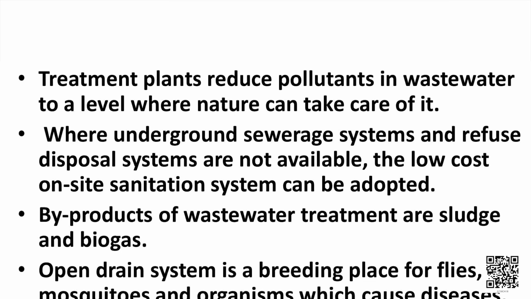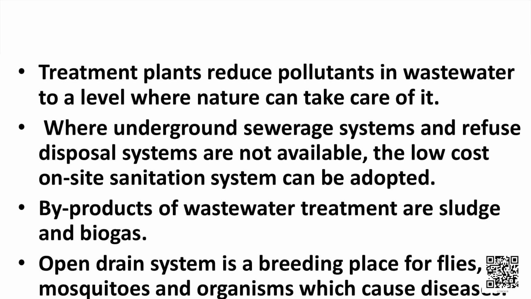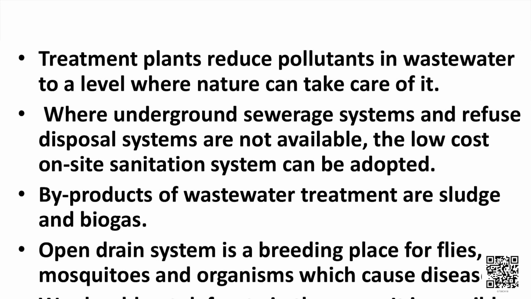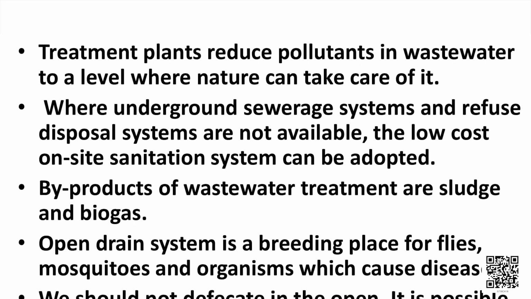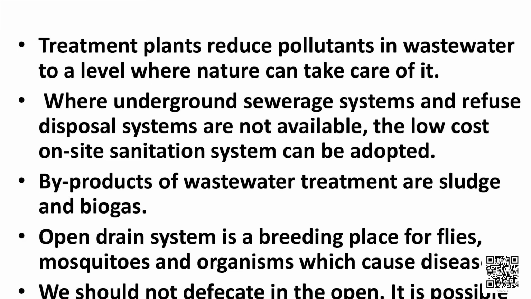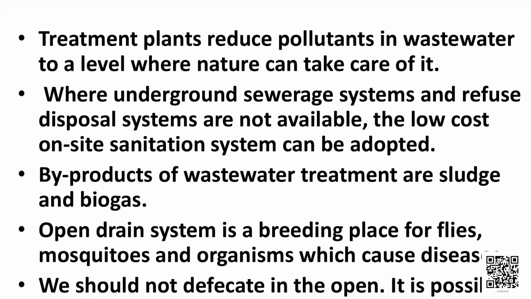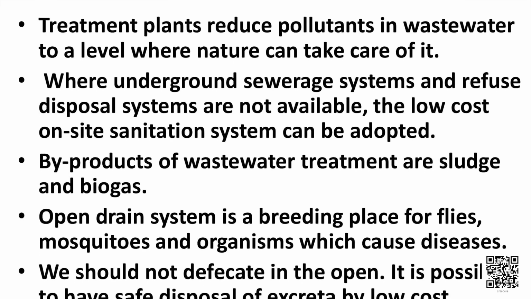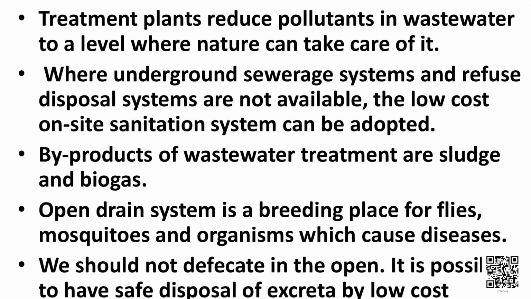In this chapter, we have learned a lot of things. We have learned that treatment plants reduce pollutants in wastewater to a level where nature can take care of it. We have learned that where underground sewerage systems and refuse disposal systems are not available, low-cost on-site sanitation systems can be adopted. Byproducts of wastewater treatment are sludge and biogas.